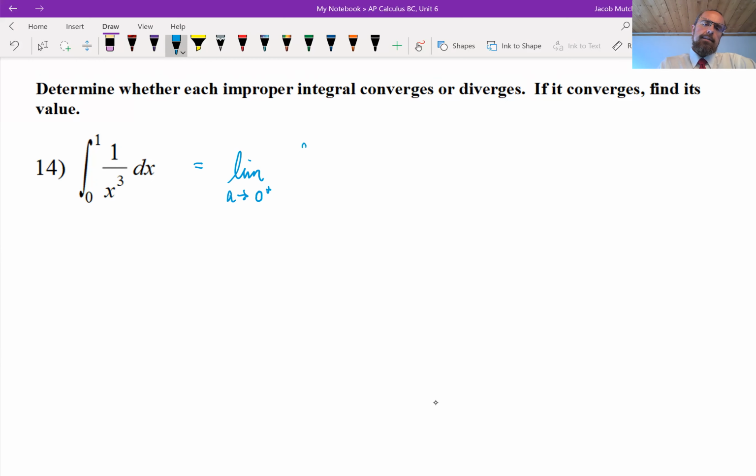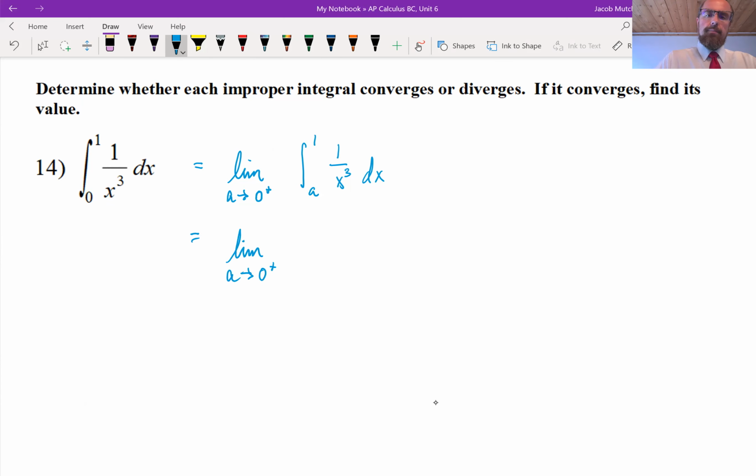And I want to rewrite the integral from a to 1 of 1 over x cubed dx. So that's how you would set up one of these improper integrals that's improper because of an infinite discontinuity. Once you've got it set up, we're going to do the same integration. So this is equal to the limit as a approaches 0 from the right.